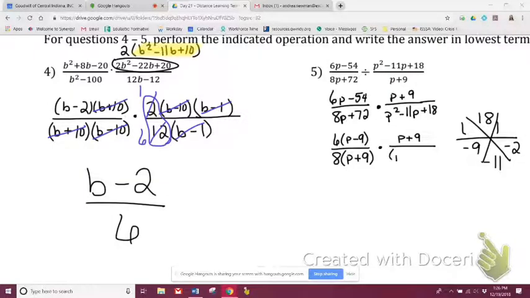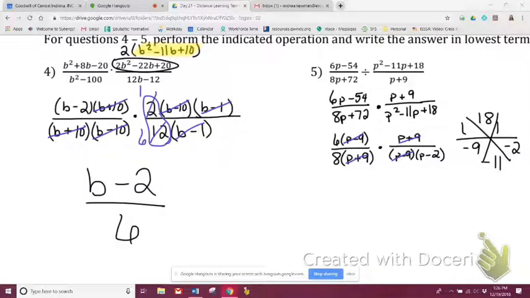So I have factors p minus 9 and p minus 2. Oh, yes, you're right. Thank you. So now you want to cancel anything possible. The plus 9 cancels. The minus 9 cancels.